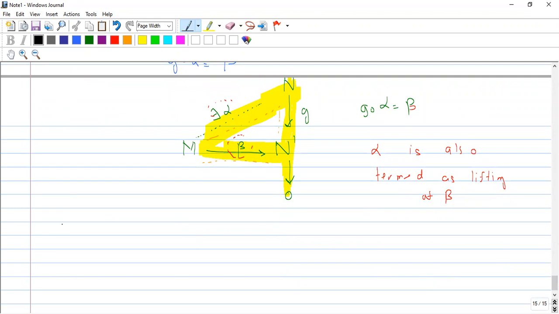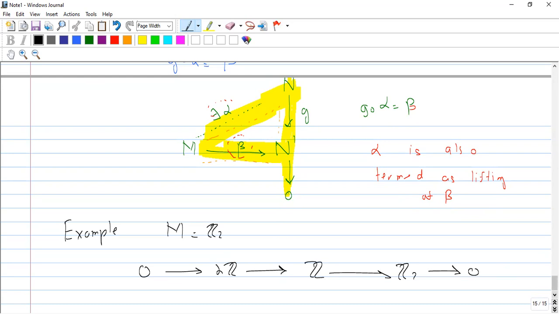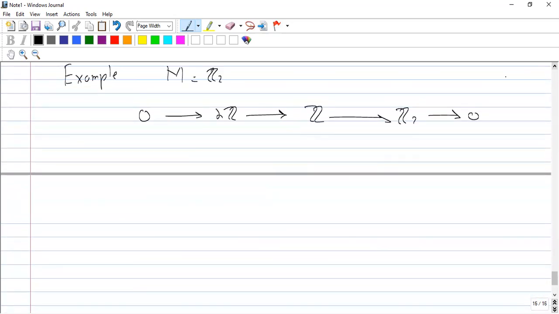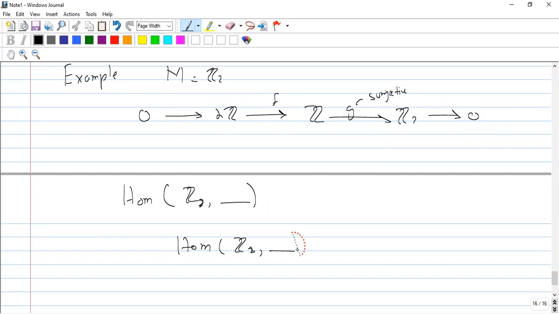Now, initially, what we have seen, after applying Hom, is that if we take M equal to Z2 and take this short exact sequence, then this natural map G is not going to be surjective. Initially it is surjective, but after applying Hom on G, it is not.